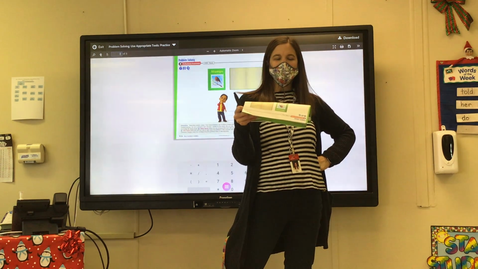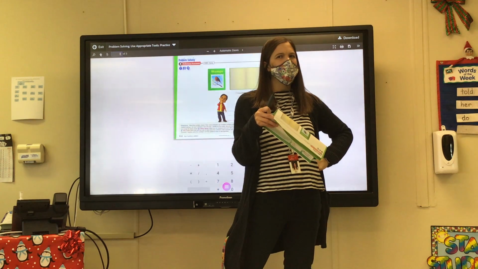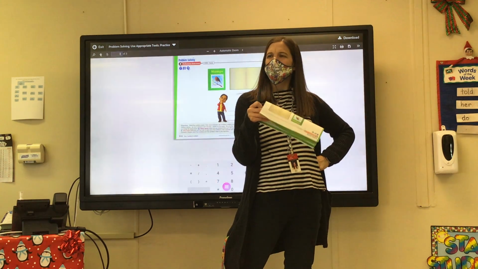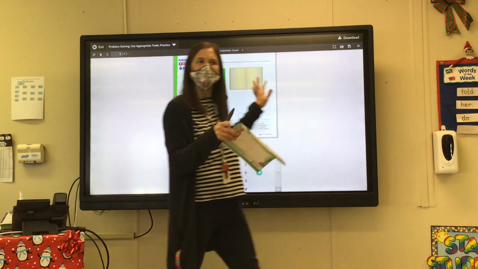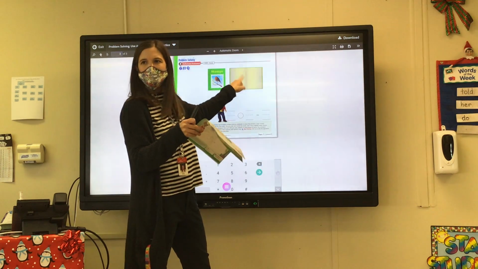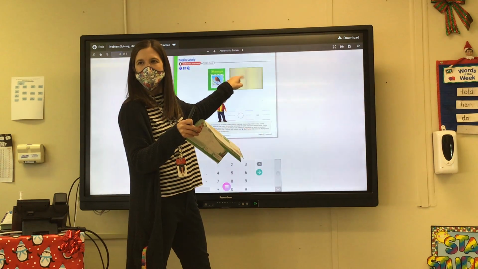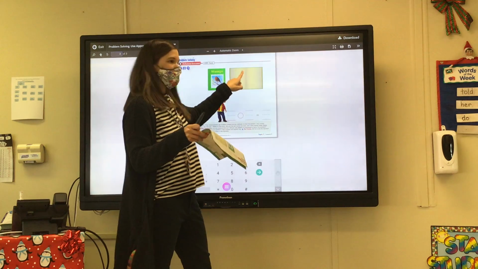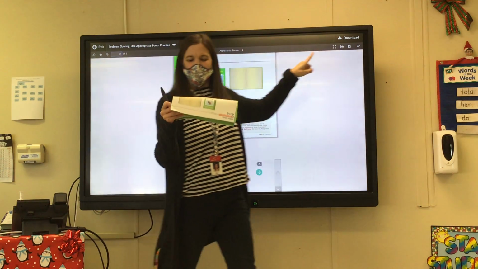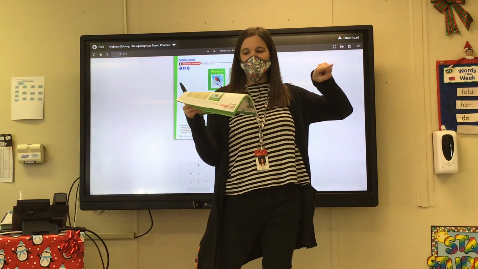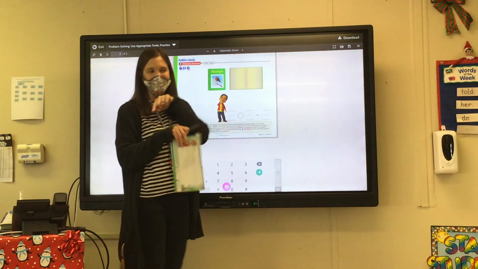So what are we trying to find out? How many stamps Carlos puts where? In his book, right? Are we going to use addition or subtraction to solve this?